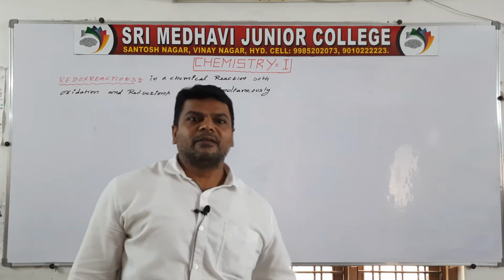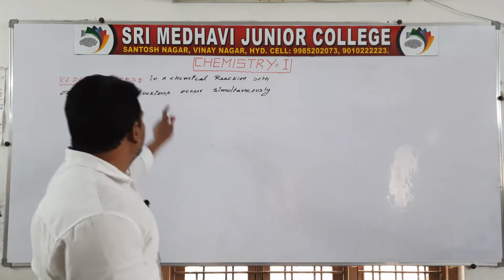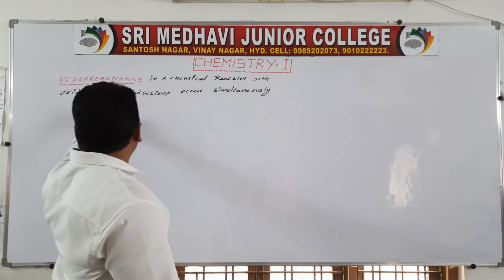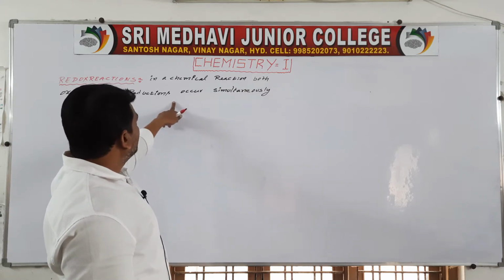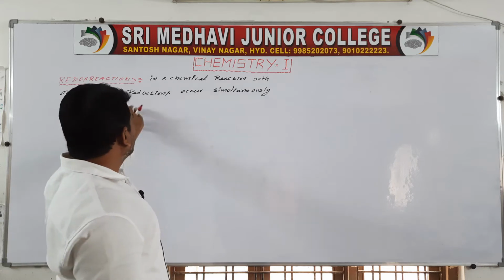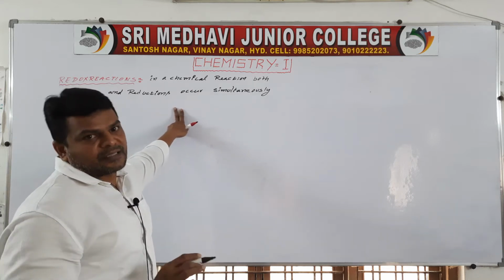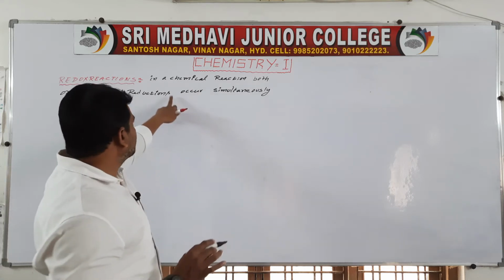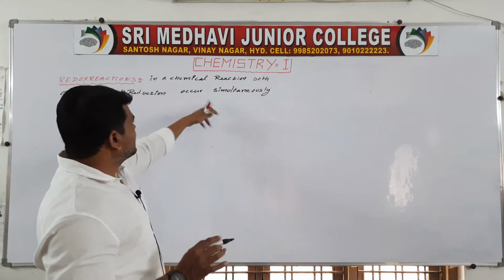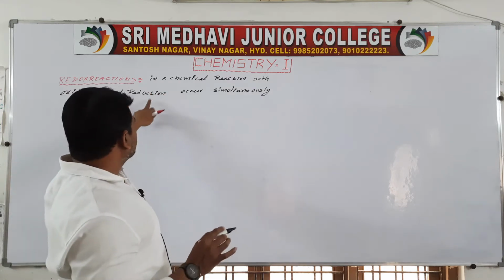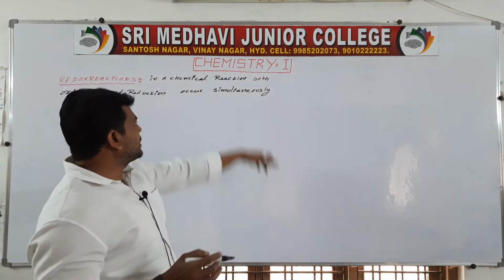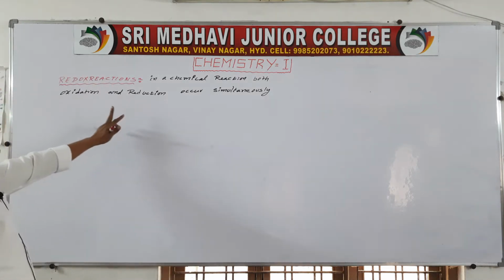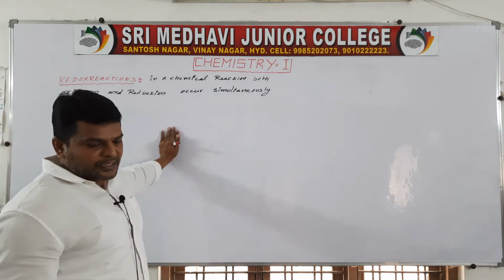Simultaneously means one after another. In a chemical reaction, both oxidation and reduction occur simultaneously. Oxidation and reduction reactions occurring simultaneously is called a redox reaction.